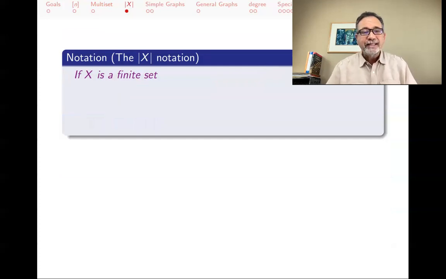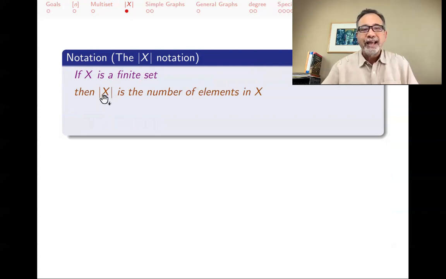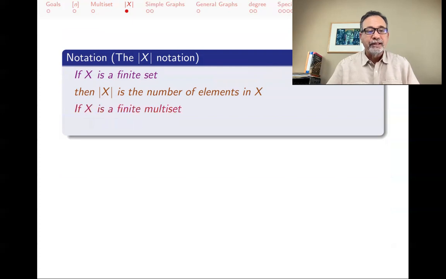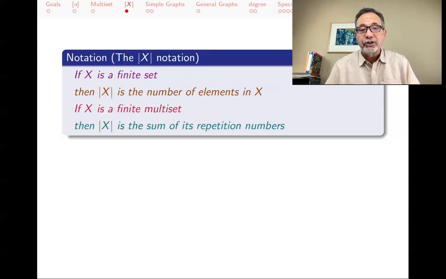If X is a finite set, then the absolute value notation, which I won't read as absolute value of X but as the size of X, denotes the number of elements of X. So if we're talking about a set, absolute value does not mean the usual absolute value. It means the number of elements in the set. If X is a finite multiset, then the size of X is the sum of its repetition numbers.